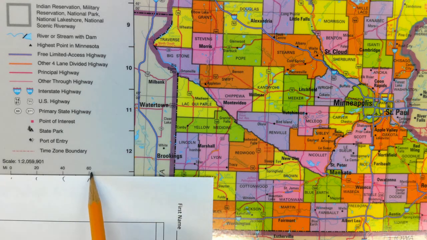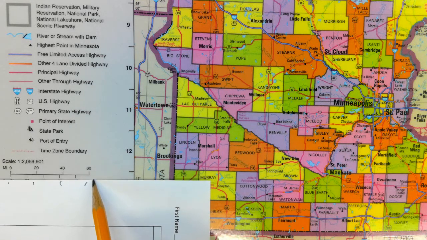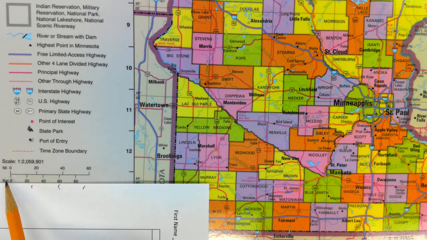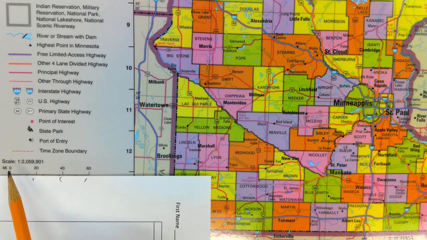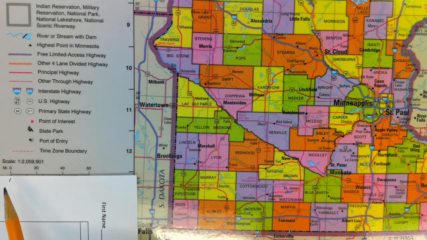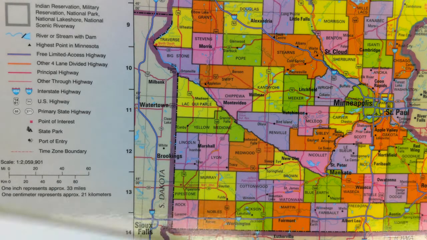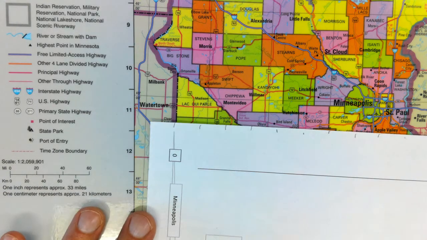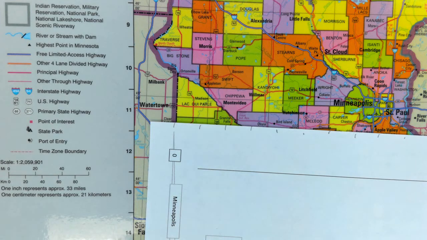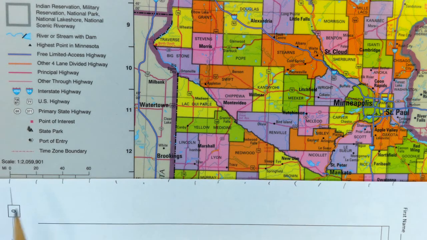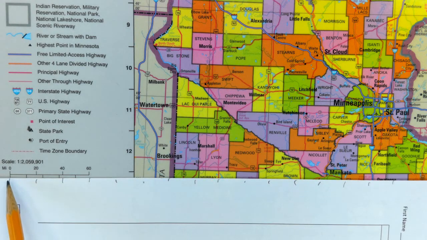Notice I'm using the segments on the top, not the bottom. The bottom is kilometers, which is a great measurement to use. In this case, though, we're going to use miles. All right, then what I need to do is mark them because with the distance, it is by segments of 20.